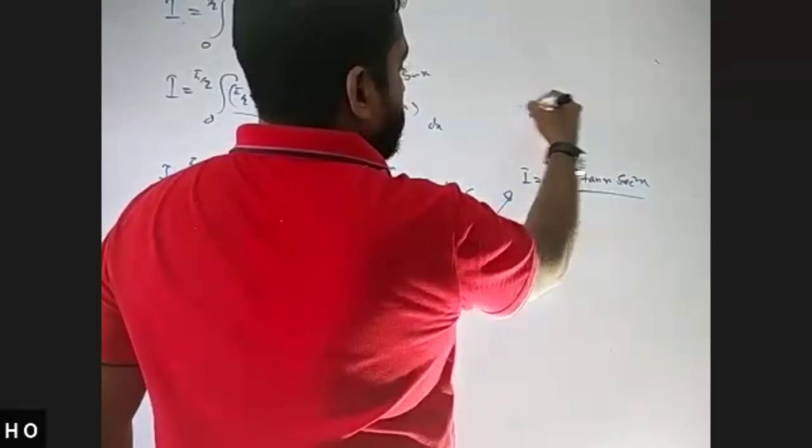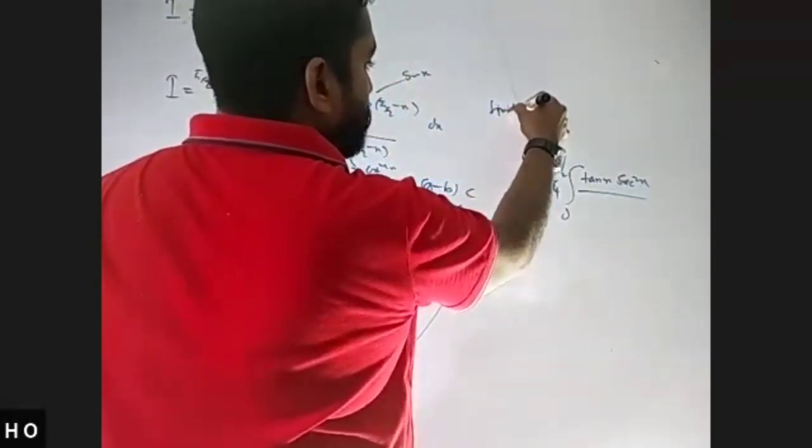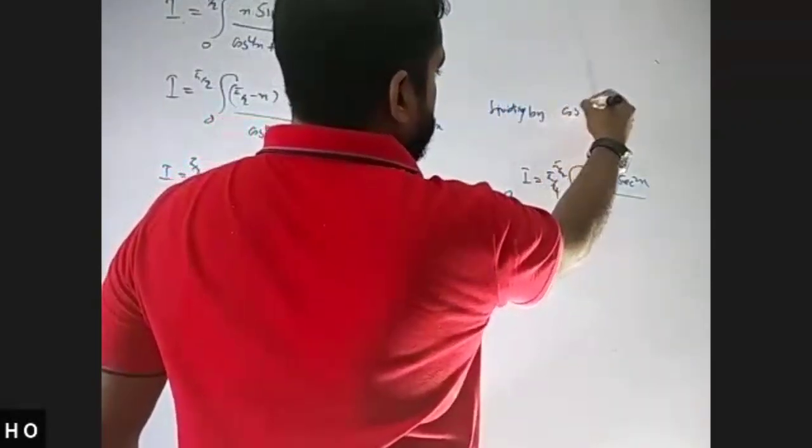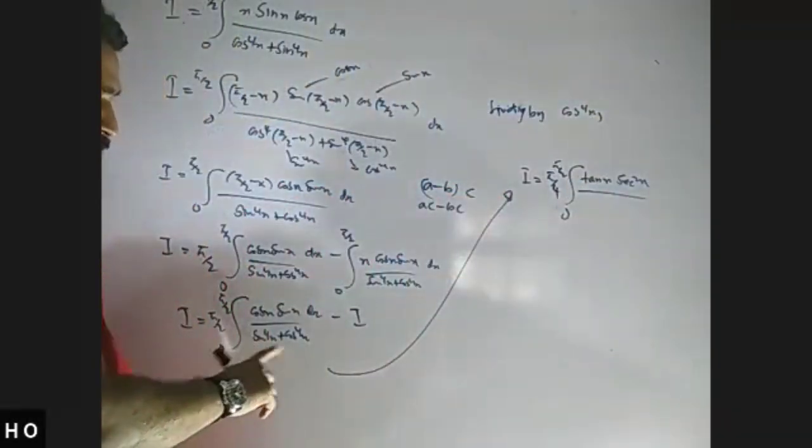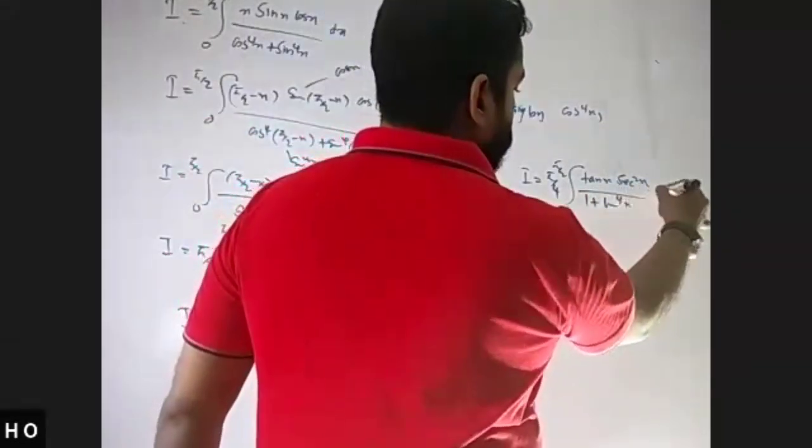So you can see dividing by, please mention that, otherwise you don't know it, dividing by cos^4 x. In here, tan^4 x plus 1, 1 plus tan^4 x dx.